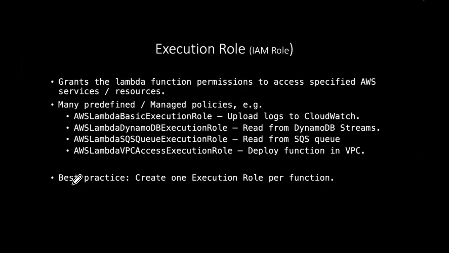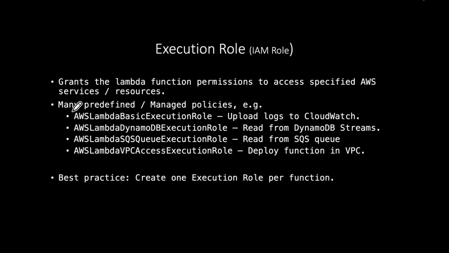If a compute resource doesn't have the necessary IAM permissions, then it can't do anything. And the same is true of a Lambda. A Lambda can't really do anything other than console log to CloudWatch logs. It can't do anything else. So the execution role part of a Lambda controls what it can do in terms of talking to other services and accessing other resources. And of course, that's of interest to us because we want our Lambda at this stage anyway to be able to talk to DynamoDB and to access a particular table.